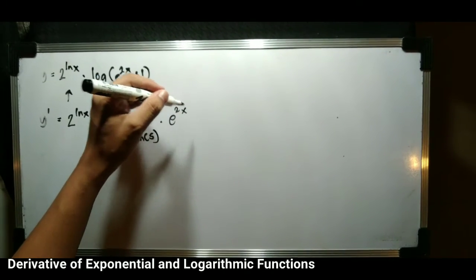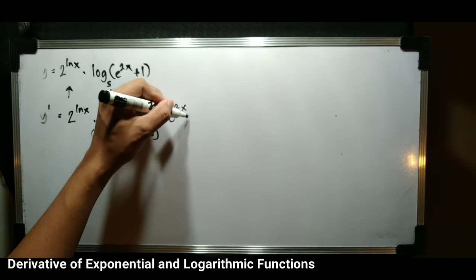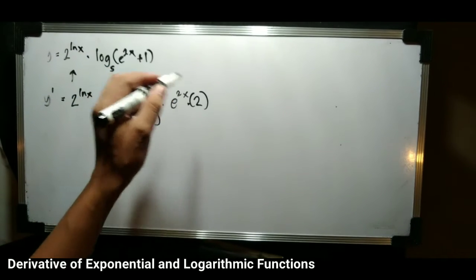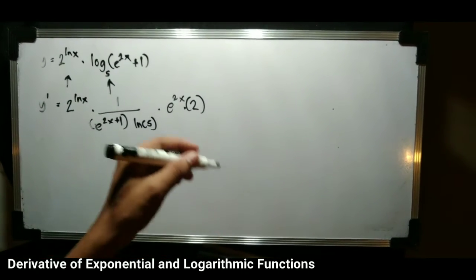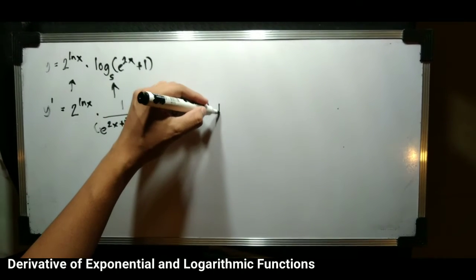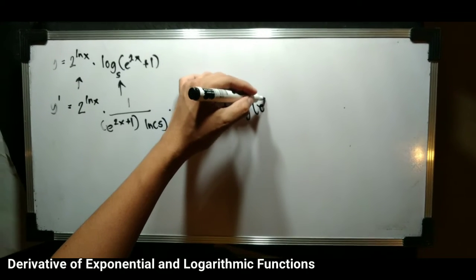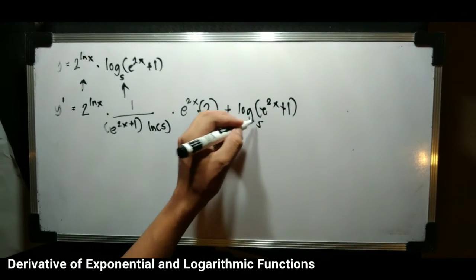Then get the derivative of 2x, which simply becomes 2. Then get the derivative of 1, which is a constant, so we all know that the derivative of a constant is equal to 0, so we will ignore it. We will add the logarithm of e raised to 2x plus 1 base 5.